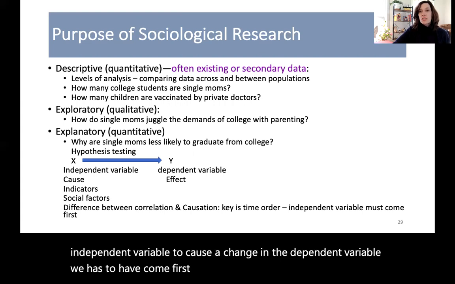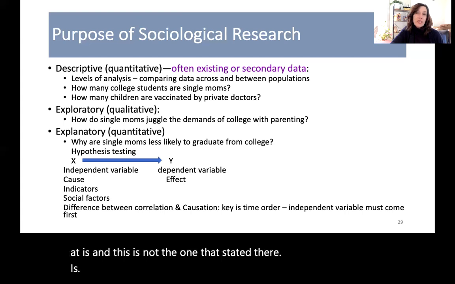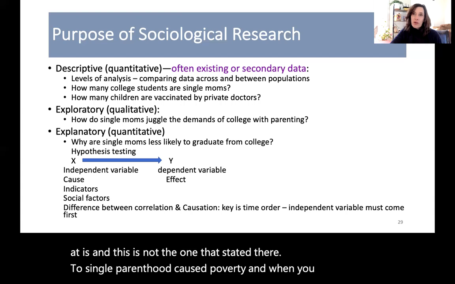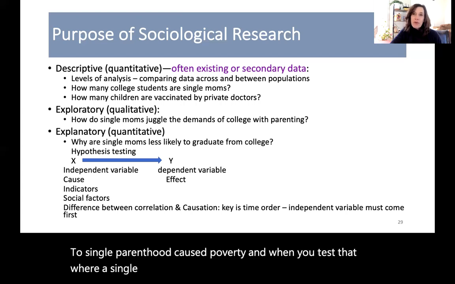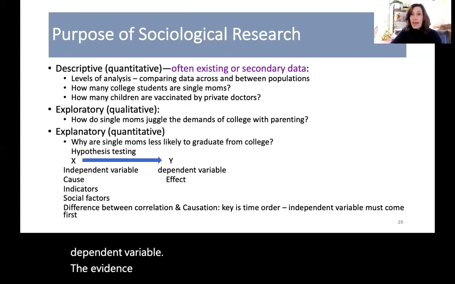So one question that has been looked at, and this is not the one that's stated there, is: does single parenthood cause poverty? And when you test that, where single parenthood is the independent variable and poverty is the dependent variable, the evidence appears to show that indeed, yeah, single parents, more poverty.